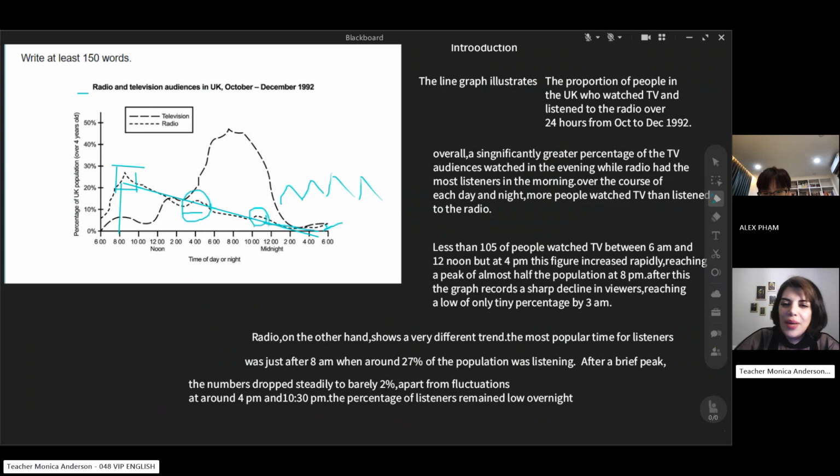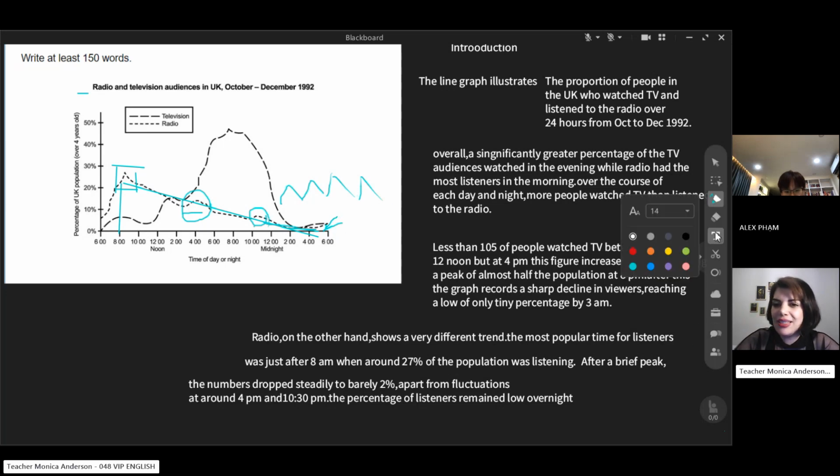Yeah. So, here, actually, we can say up to 6 a.m. the percentage of listeners remained low. It's low, but as you can see here we have a rise. Do you agree?